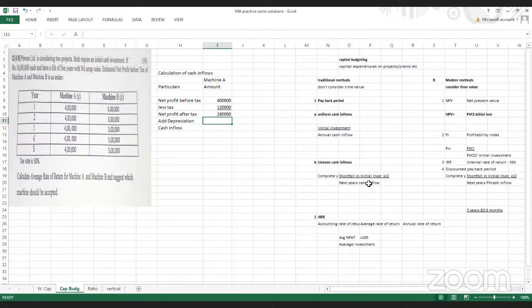Okay. So I'll show you how to calculate depreciation. Very simple formula for calculating depreciation.